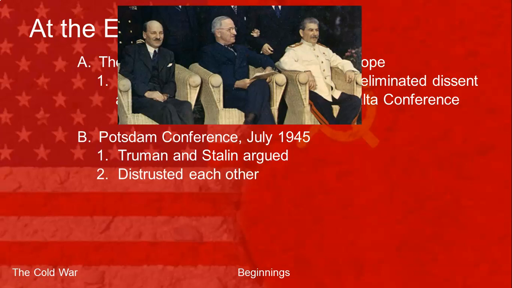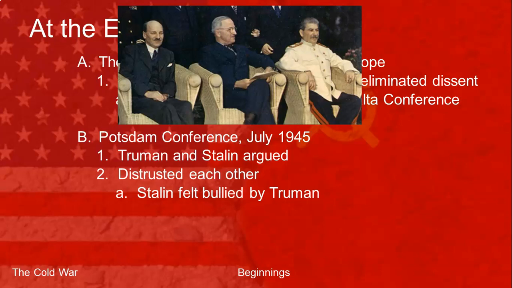Truman believes that Stalin wants to take over the world, and what does he see? He sees the Red Army moving into Eastern Europe, taking over, setting up more communist dictatorships. Stalin doesn't trust Truman. Stalin felt that Truman bullied him. In fact, while Truman's at the Potsdam Conference, we test our first atomic bomb.